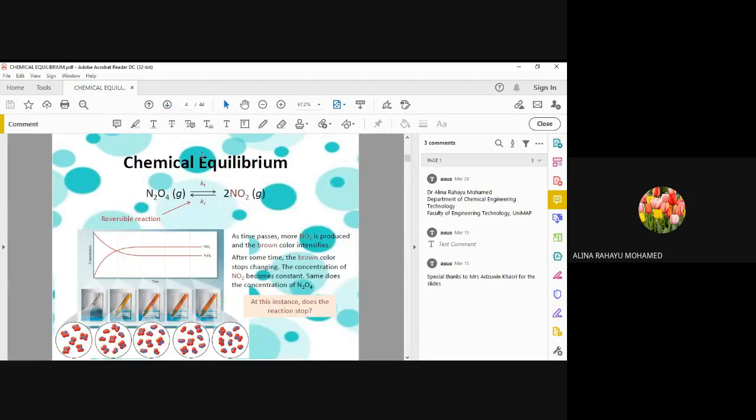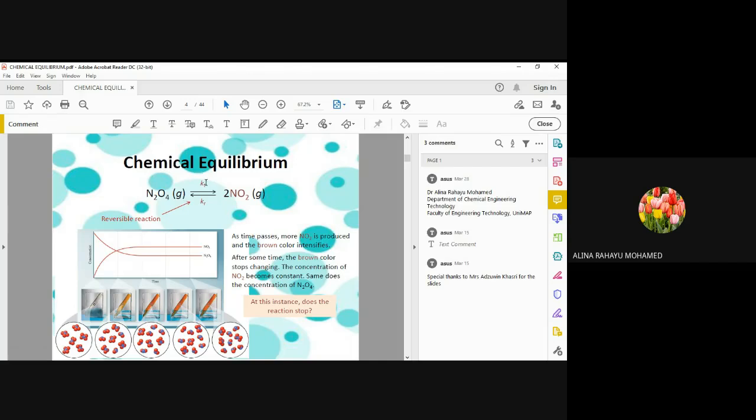This is a chemical equilibrium, the reaction of N2O4 gas, which is dinitrogen tetroxide, in equilibrium with nitrogen dioxide, NO2. Both are gases, in a vessel.